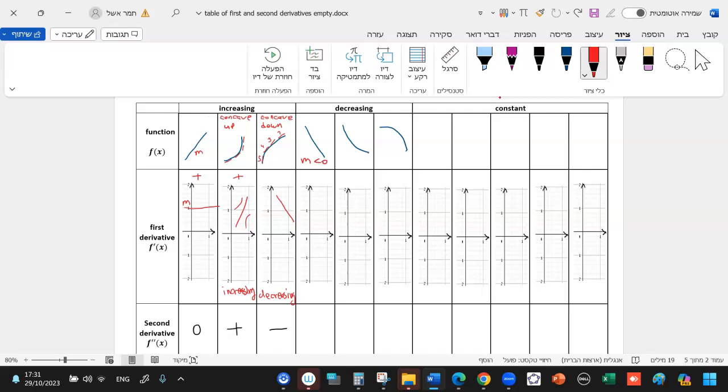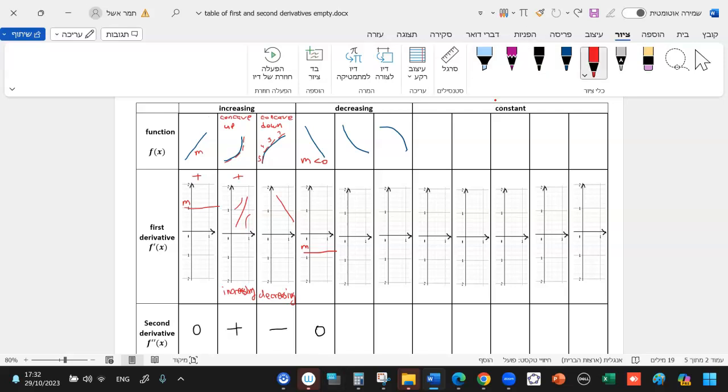The first derivative will be a constant, a horizontal line for some value that is negative. Second derivative is derivative of a constant, it will be 0.